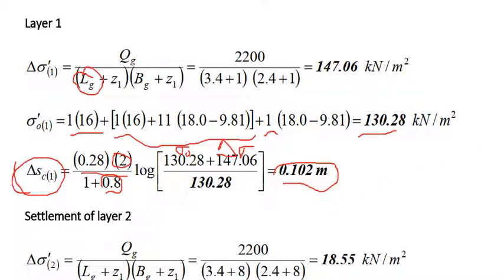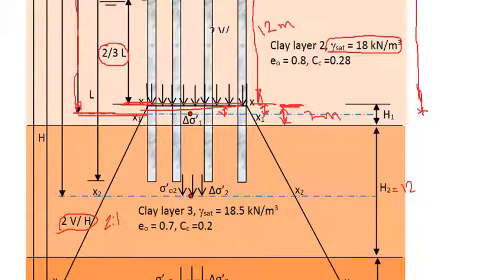To compute the settlement for the second layer, this is the second layer, from the base of the first layer to the top of the third layer. In this layer we have to compute sigma naught at the middle of this layer, and also delta sigma, the stress increase at the middle of the layer.